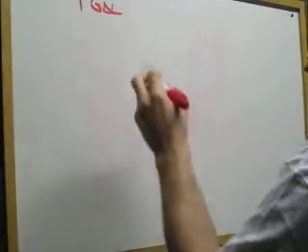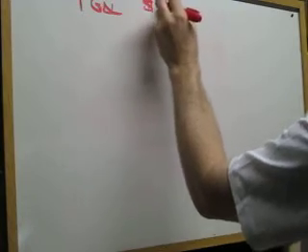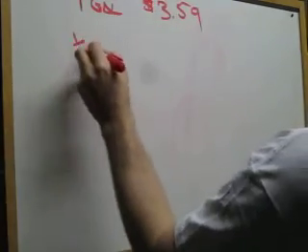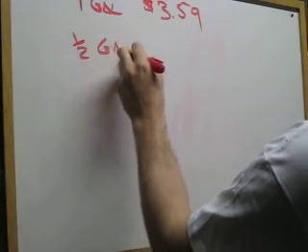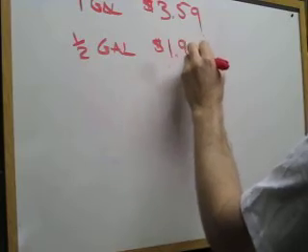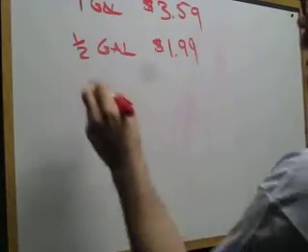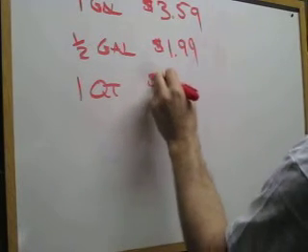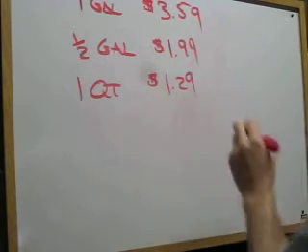So for example, we have 1 gallon of milk, and it's $3.59. And we're looking at a half gallon of milk, and it's $1.99. And then a quart, and it is $1.29.